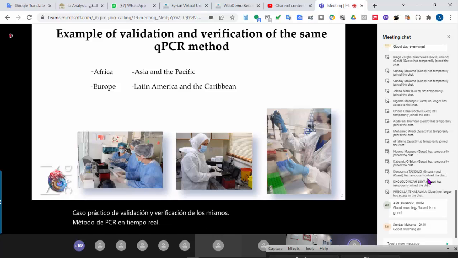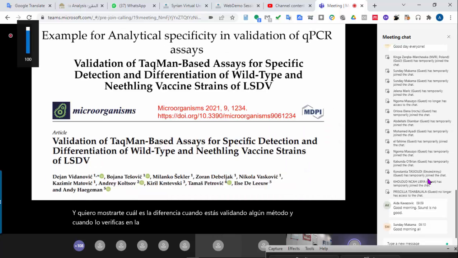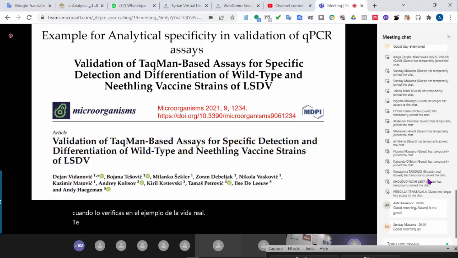I want to show you the difference between validating a method and verifying it, on a real-life example. I will show you the validation of TaqMan-based assays for specific detection and differentiation of wild-type and Neethling vaccine strains of lumpy skin disease virus.